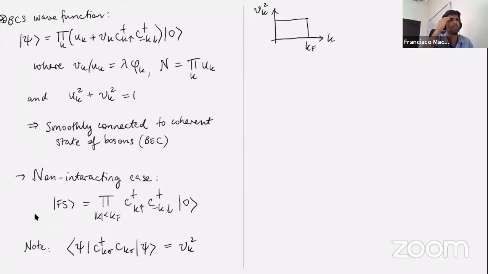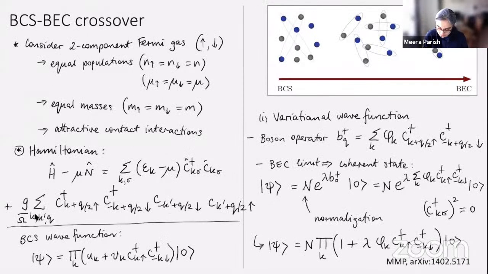I guess maybe just a clarifying question. When we talk about this crossover, what should I keep in the back of my mind as the defining features that distinguish the BCS and the BEC at the two edges of these lines? Right, okay, yes. Maybe I should link it back to the two-body problem.